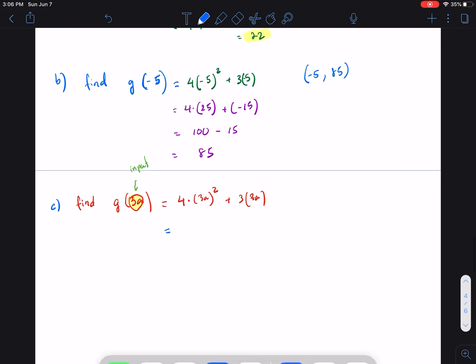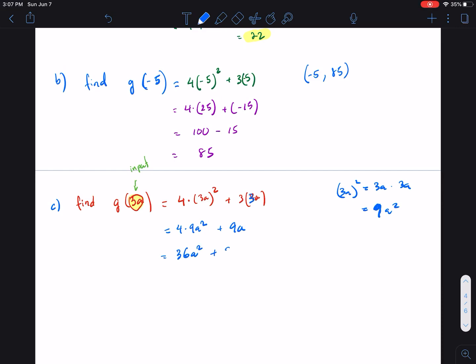So 4 times 3a squared, which just means 3a times 3a. That's 9, and then a times a is a squared. So we have 4 times 9a squared plus 3 times 3a, which is 9a. That would be 36a squared plus 9a.